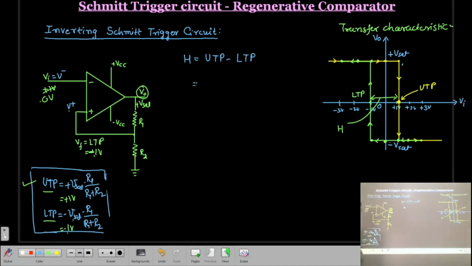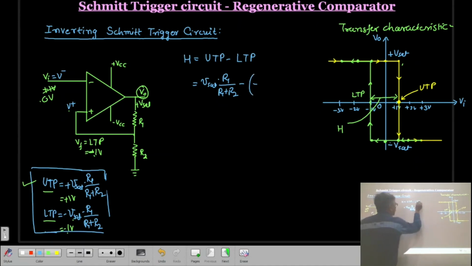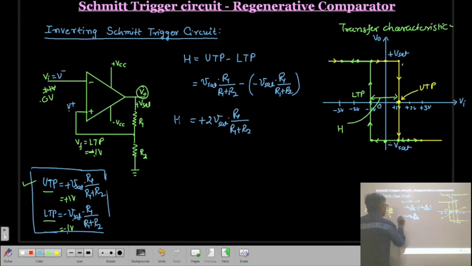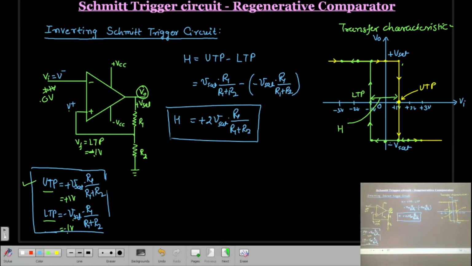And we know that the formula for the UTP is V saturation into R1 divided by R1 plus R2, minus the LTP, which is minus V saturation into R1 divided by R1 plus R2. So here minus minus will be equal to plus. So we have 2 times V saturation into R1 divided by R1 plus R2. This is known as the hysteresis voltage of a given Schmitt trigger circuit.